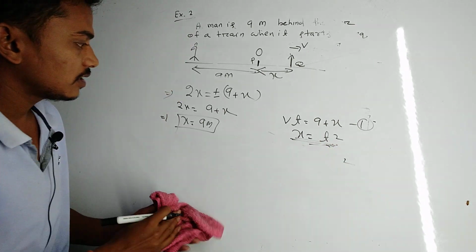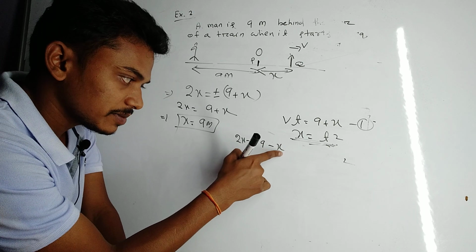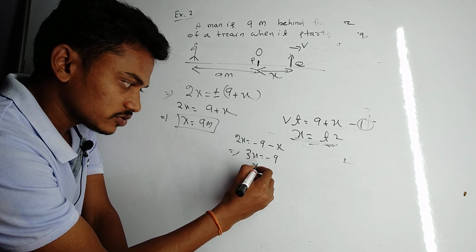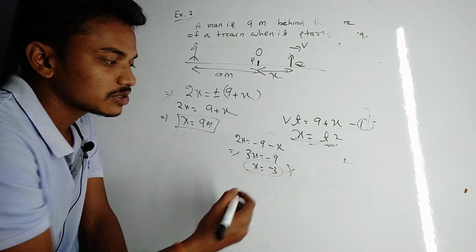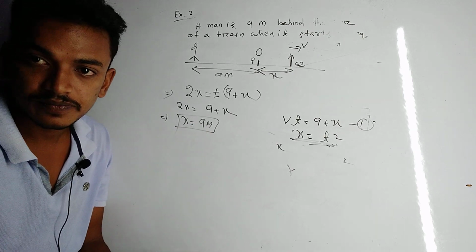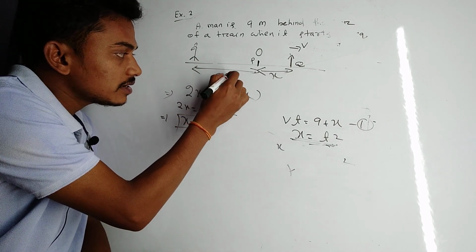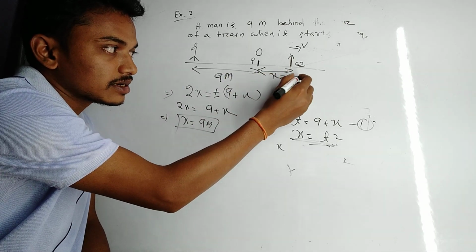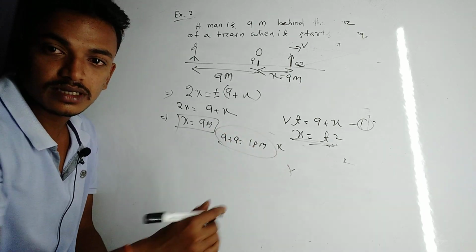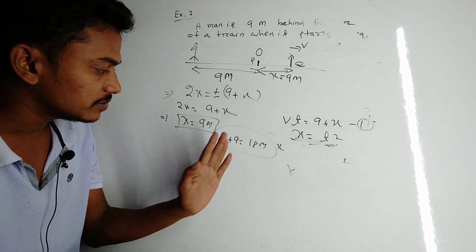Taking the negative sign, 2x equals minus 9 minus x, so 3x equals minus 9, so x is minus 3. This is not possible, as distance cannot be negative, so the answer is x equals 9 meter. So the distance traveled by the man is 9 plus x, which is 9 plus 9, equal to 18 meter. This is the distance traveled by the man to get into the train.